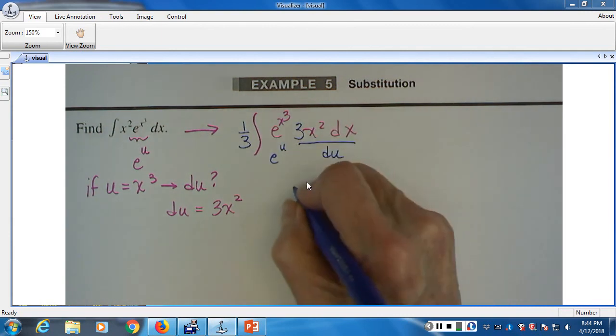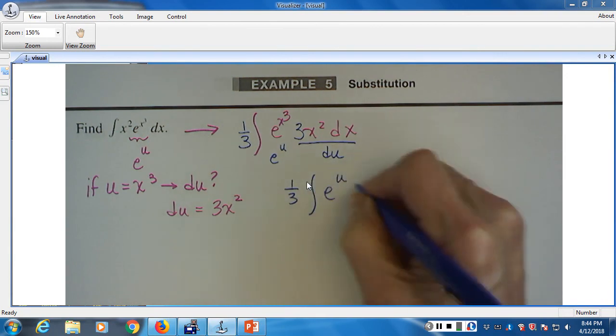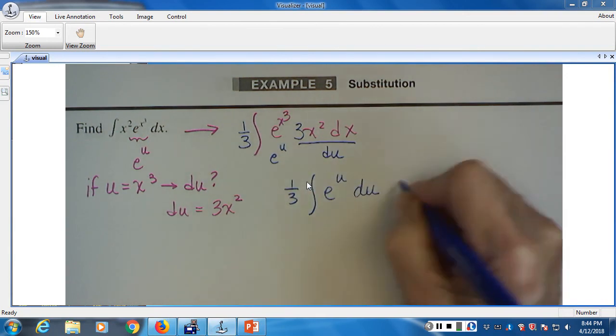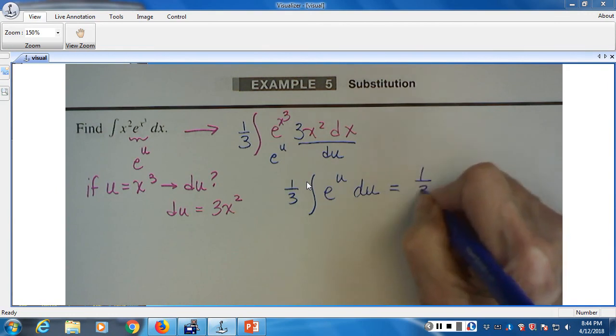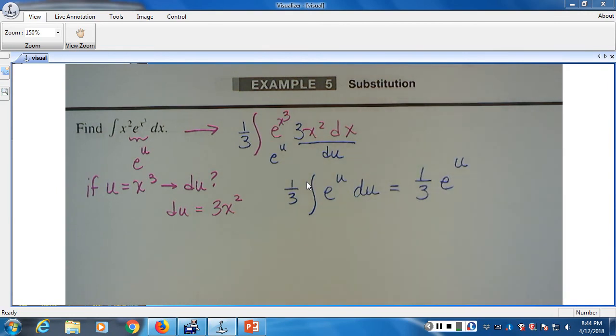And then the 1/3 times the integral of e to the u du is simply 1/3 times e to the u. Nothing changes. It's just like e to the x, e to the u is its own derivative. We've already figured the derivative of its power.